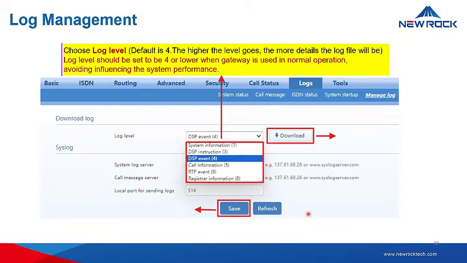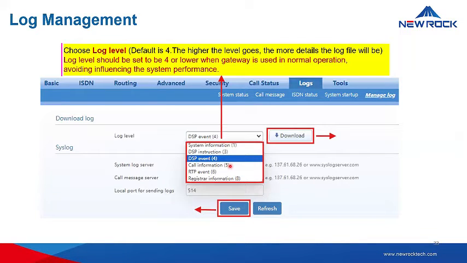Generally there are up to 8 levels, but you can technically use up to 6 levels here. Level 1 is system information, level 3 is DSP, and for a normal call issue, DSP 4, or log level 4, is enough. If you want more information with regards to the call, log level 5 should suffice.